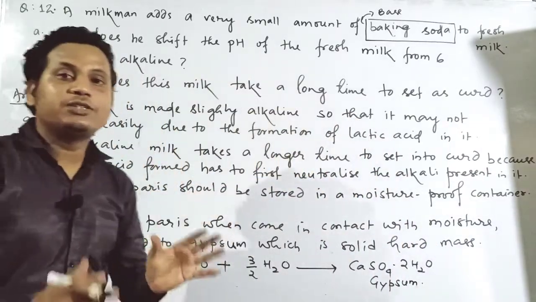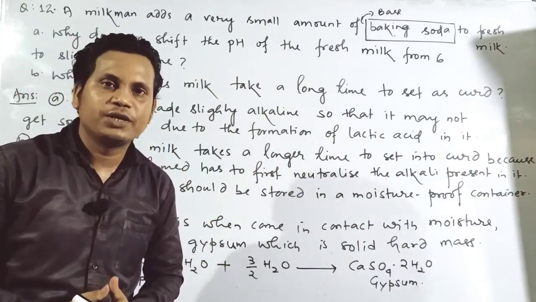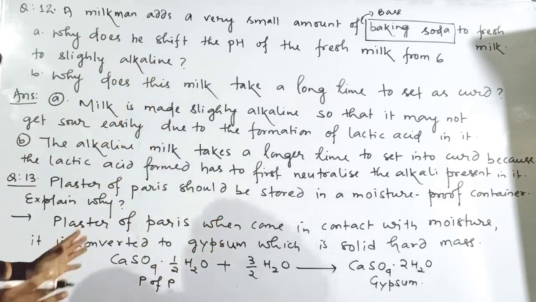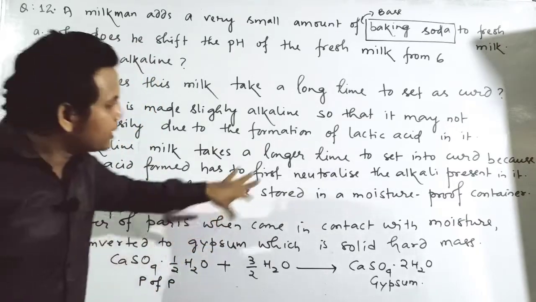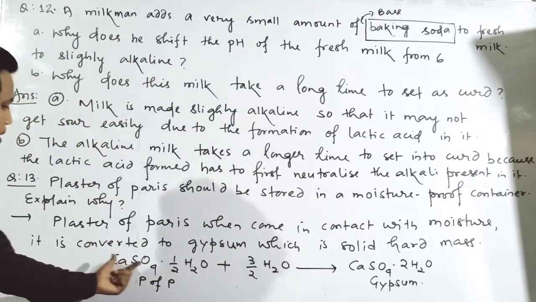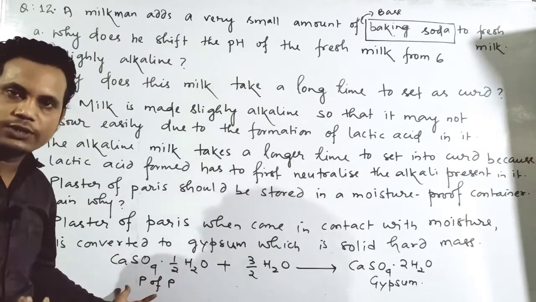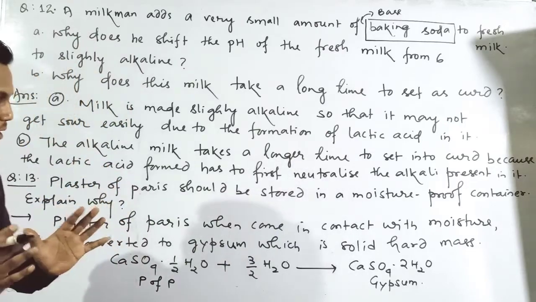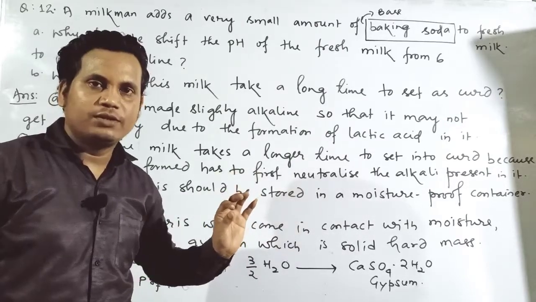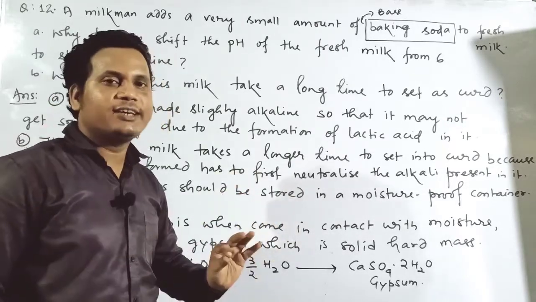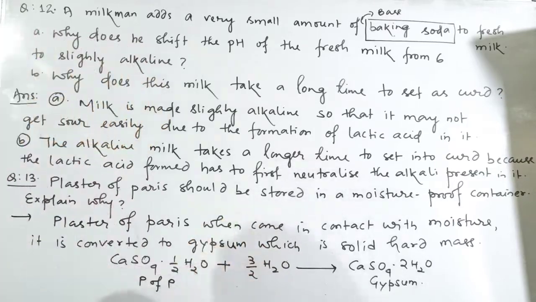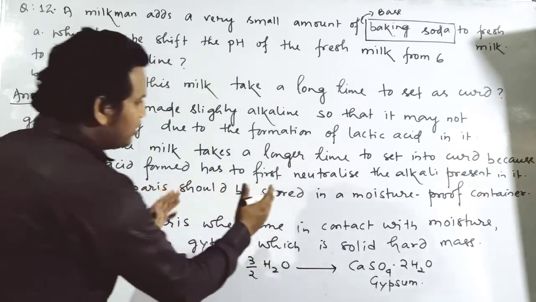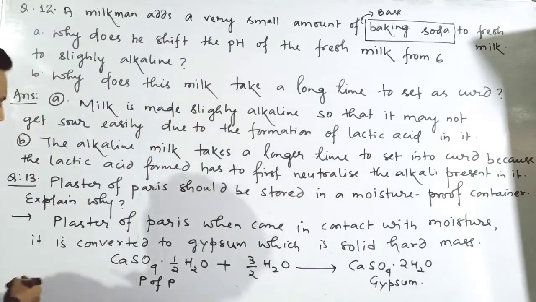And gypsum is a solid hard mass. So if we place it in contact with moisture, then plaster of Paris will be lost and gypsum will be formed. To protect this reaction, plaster of Paris is kept where? In a moisture proof container.